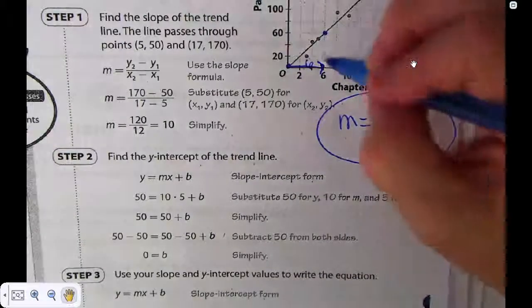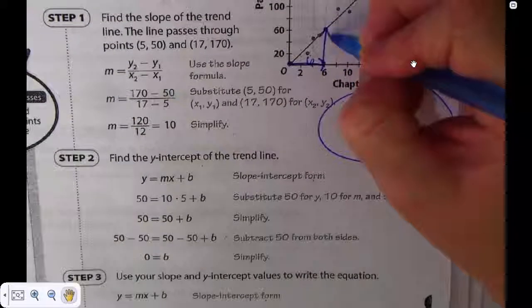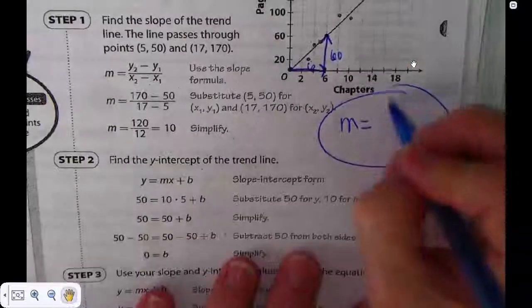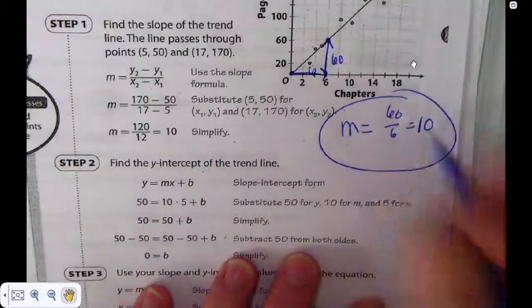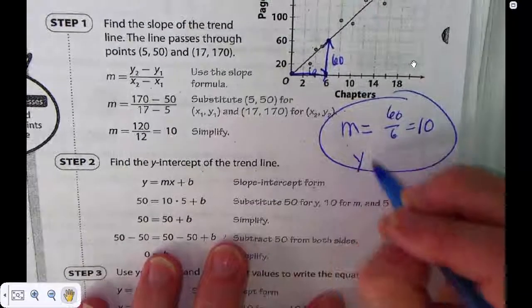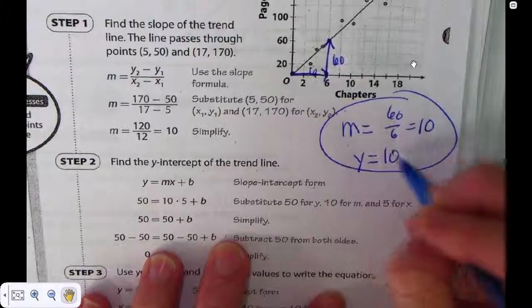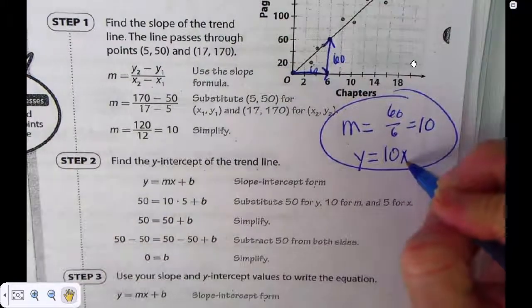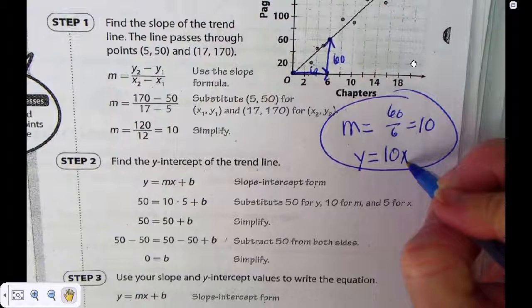Then we're going to rise how many? 60. So 60 over 6 is 10. So to write the equation, we go y equals 10x. Is it proportional? Yes, it is. It's proportional.